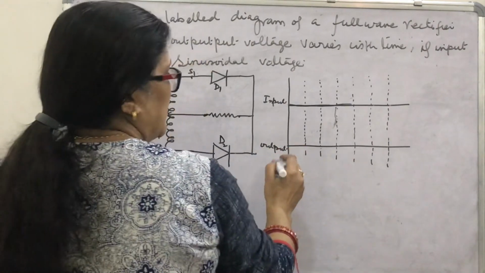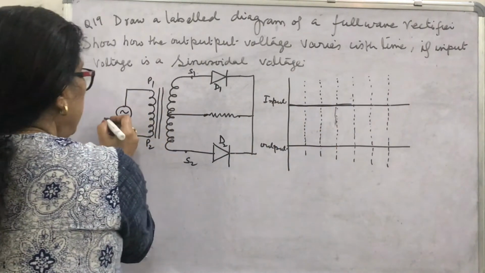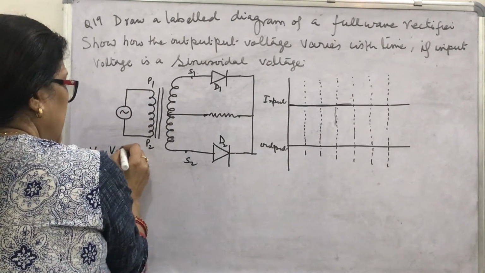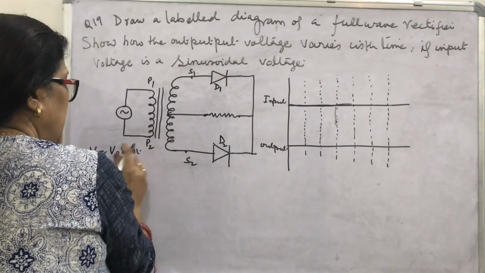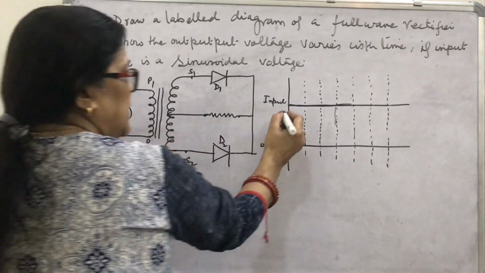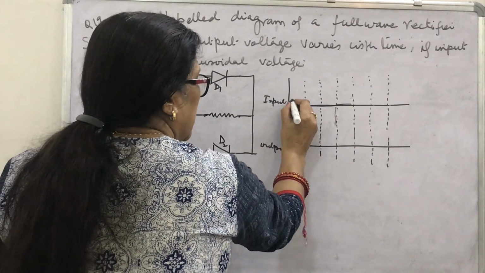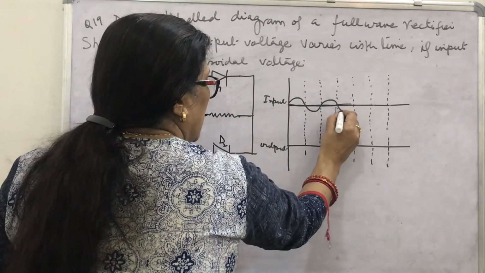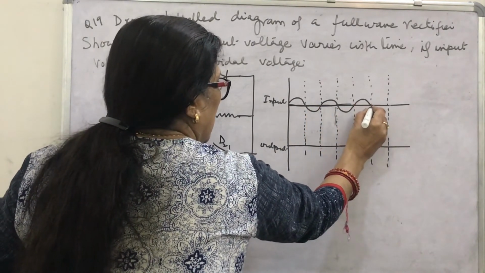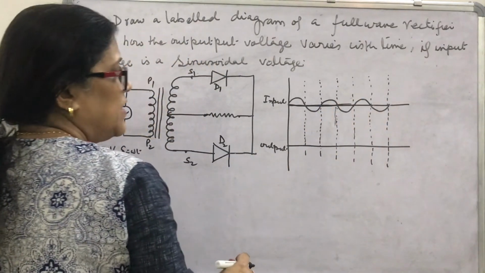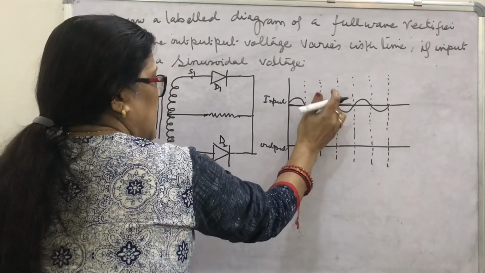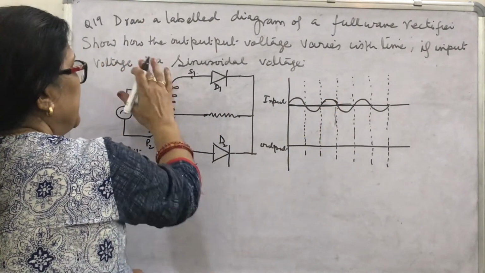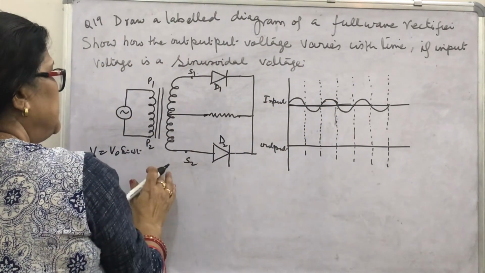This input voltage is V equal to V naught sine omega t, as we have read, a sinusoidal variation. How will you show it here? Like this. You have shown here the input variation. Now, how will you get the output?